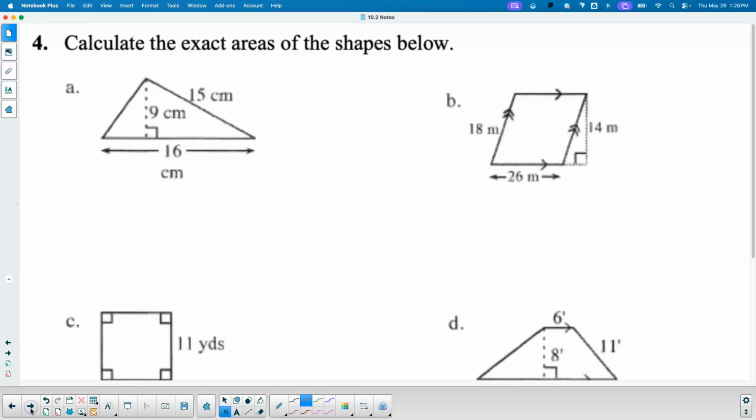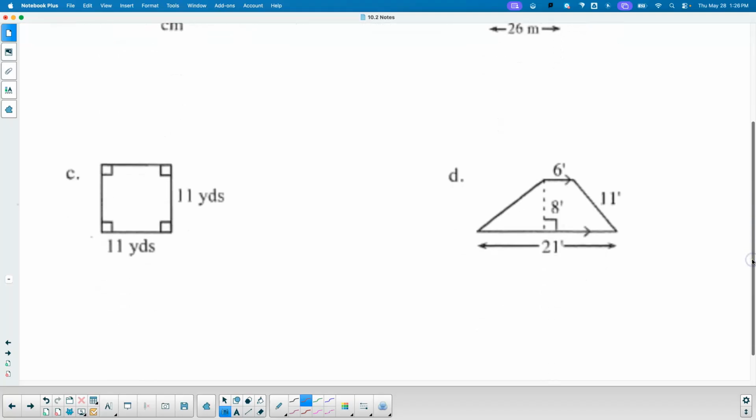Let's put it to work. Skip down to letter D first. Letter D is a trapezoid, yes? Okay, so my area formula is going to be 1/2 times the height times the sum of the bases. 1/2 is going to be 1/2.